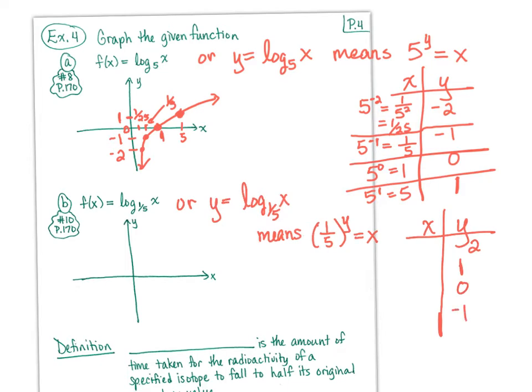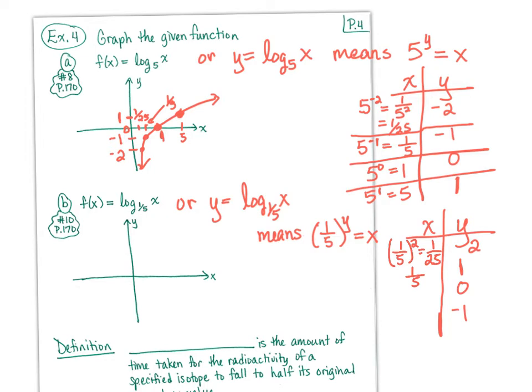Now, whenever you substitute in y equals 2 here, you get 1/5 squared, which is the same thing as 1/25. Then when y is 1, notice that you have 1/5.